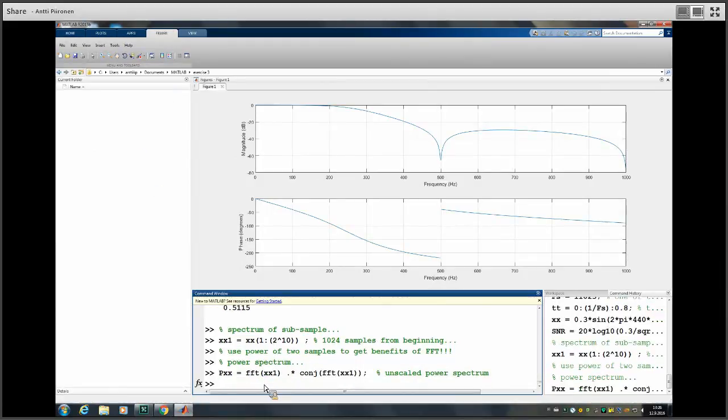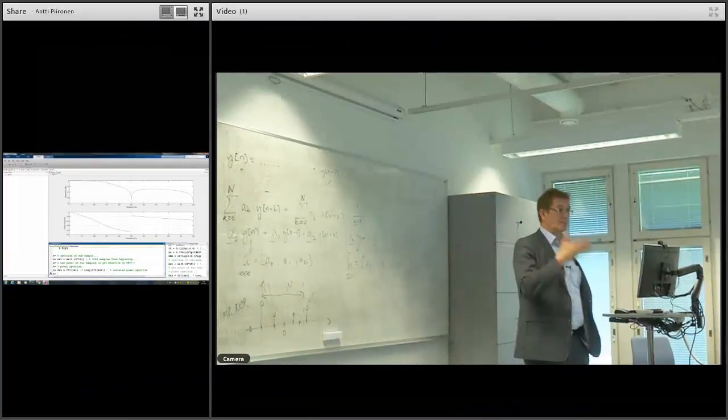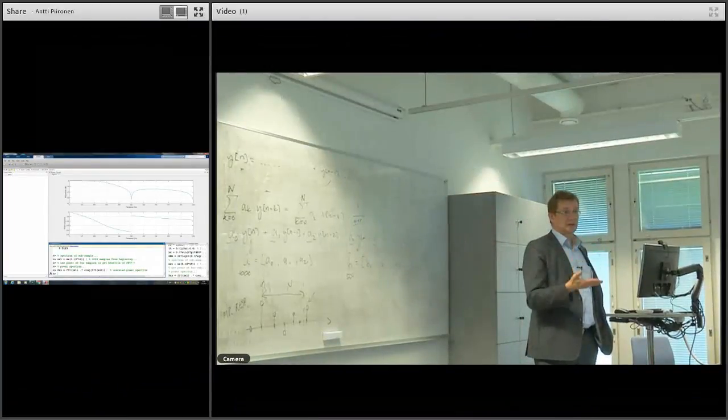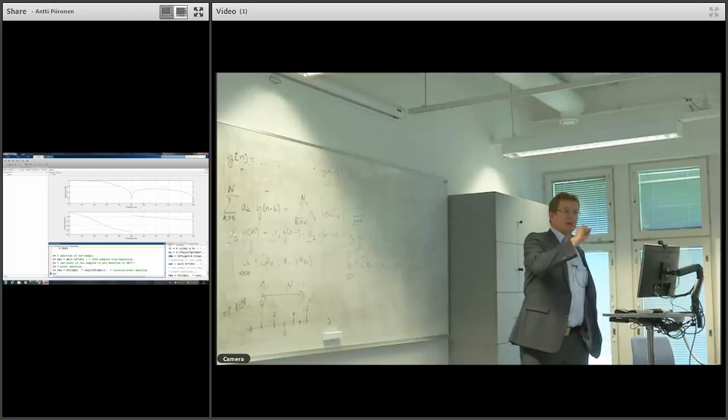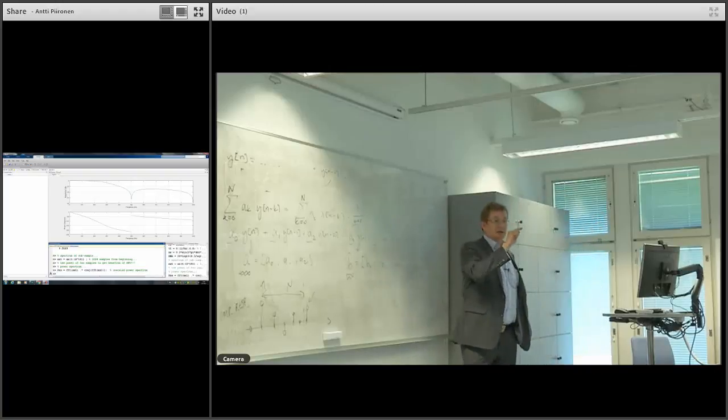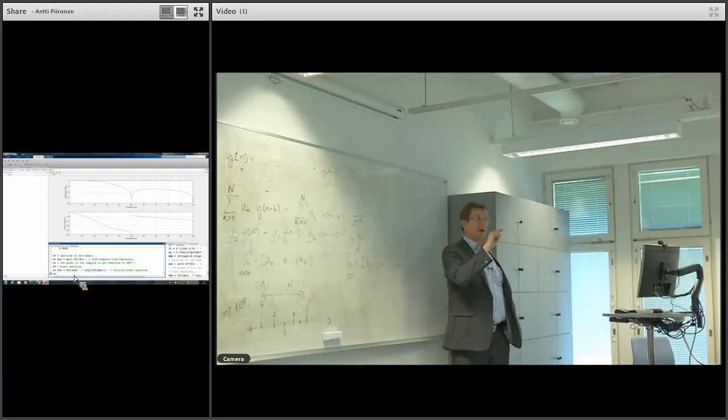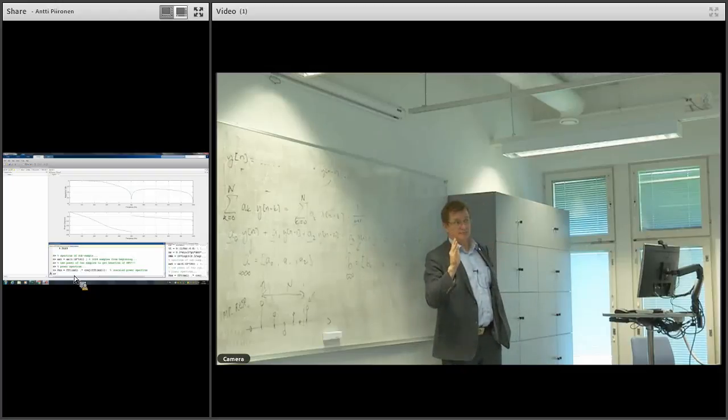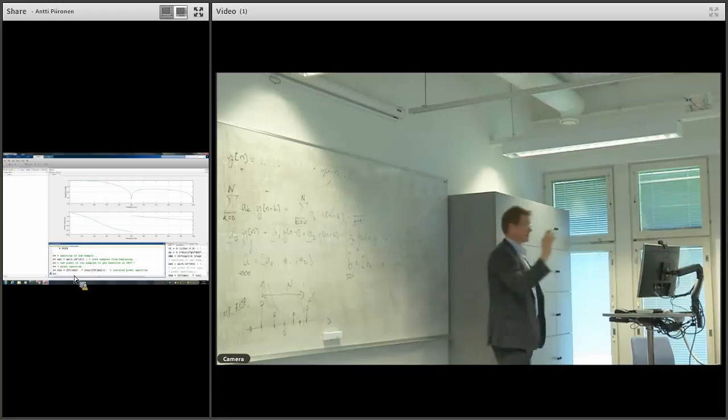Okay, done. What now? We need to do the mapping. I talked something about the mapping, that the discrete Fourier transformation maps these samples so that it actually maps the frequencies from 0 to sampling rate. Okay.